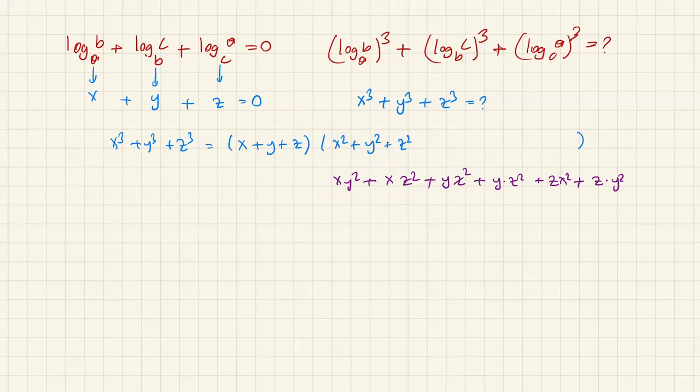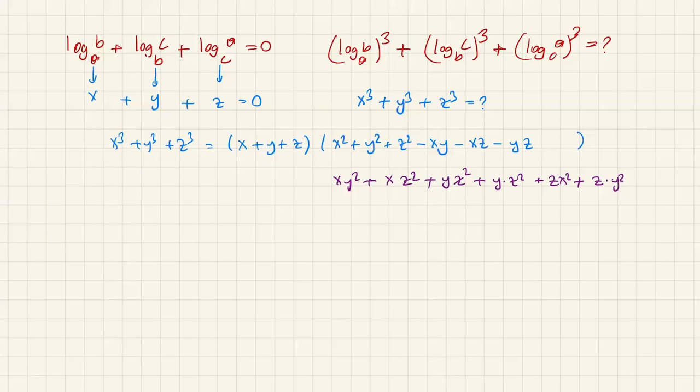So if you want to cancel this term, you want to multiply y by x y, right? So if you had negative x y right here, then that would create the negative version of that, and they would cancel each other. So we should probably have negative x y right here. With the same reasoning, we should have negative x z, and negative y z as well.